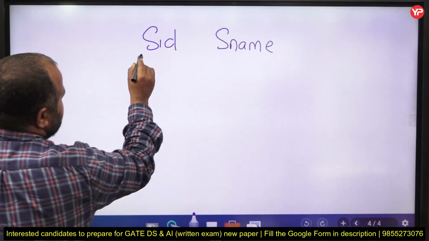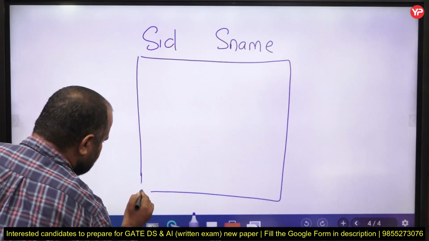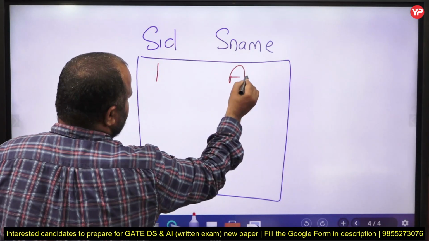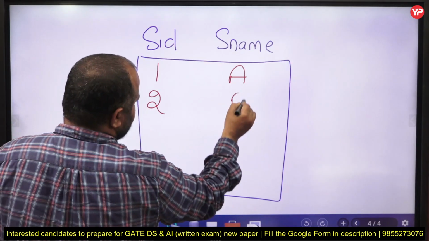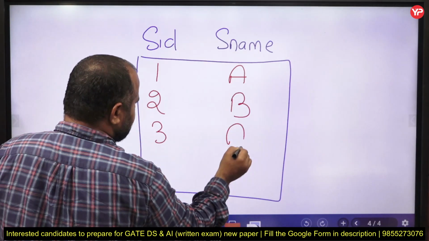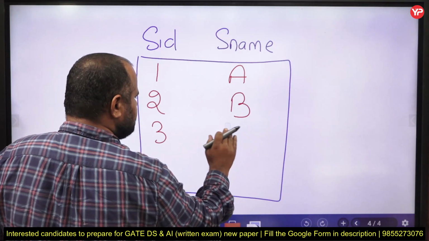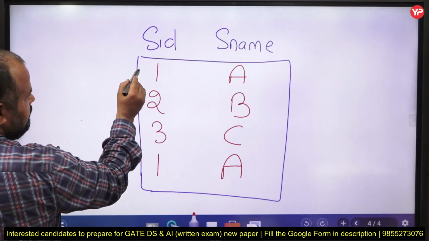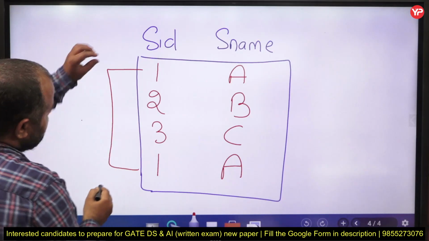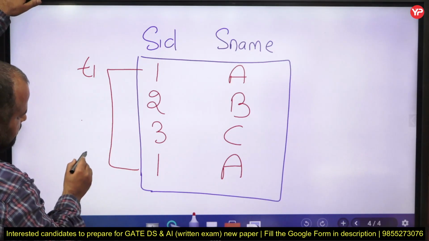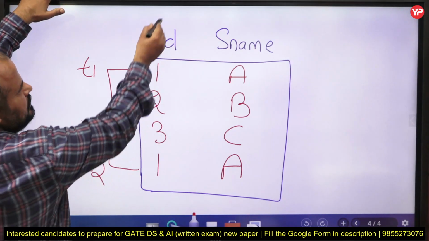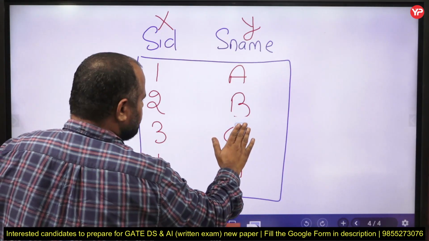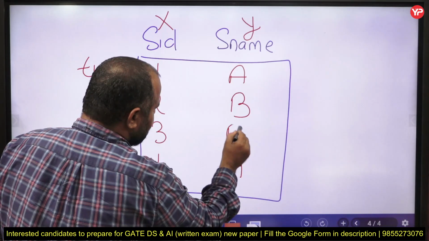Now in this table, suppose I have some records like SID 1 having name A, SID 2 having name B, SID 3 having name, let's just take C here, and again 1 and there A. So here, two tuples, t1 and t2, have the same x value. What is x? SID. What is y? S name. So let's suppose A is here also.